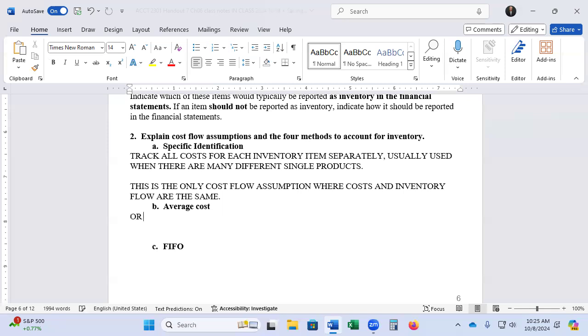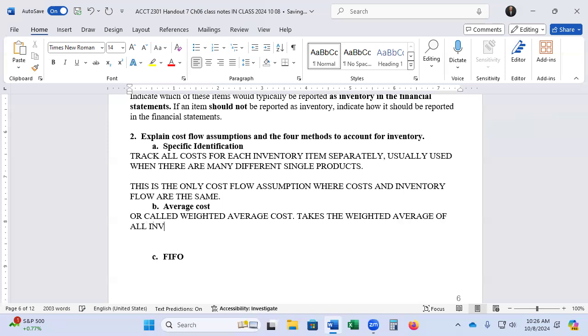Average cost, called weighted average, takes the weighted average of all inventory available at the time to calculate a weighted average per unit.